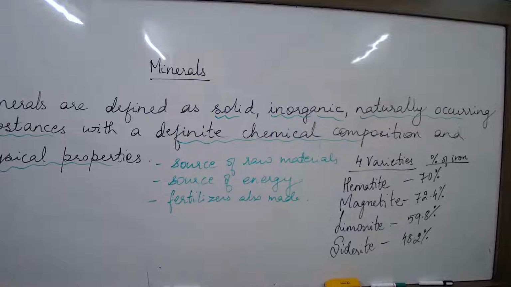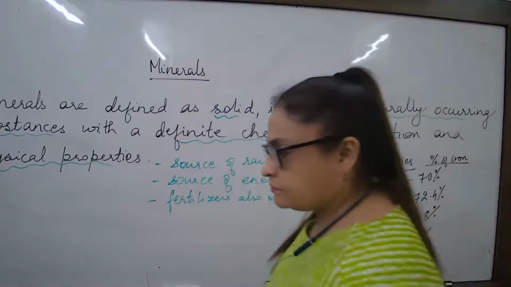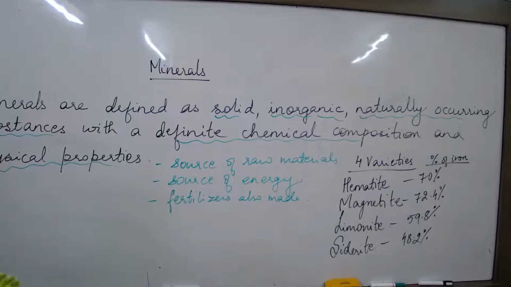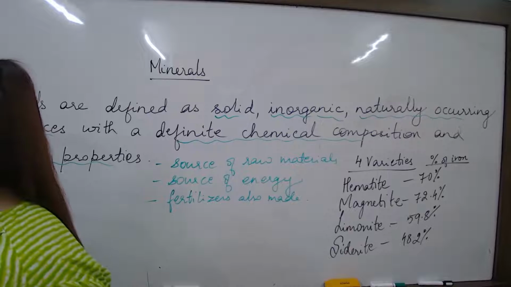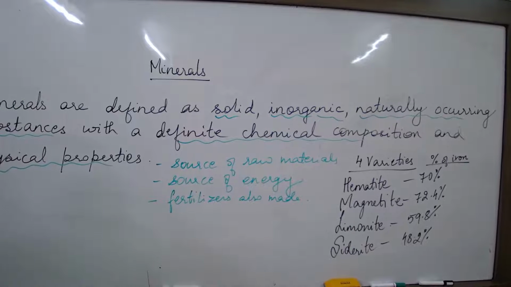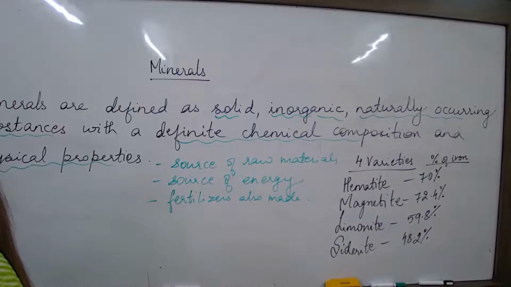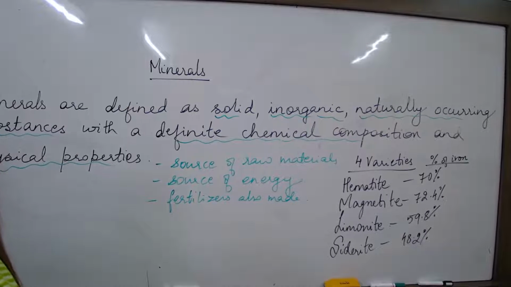Manganese is an important ferroalloy ore mined in India. When you are studying, you can use these notes and also study from the text in combination. Ferroalloy means containing iron. Hard black, see, this is how it looks.